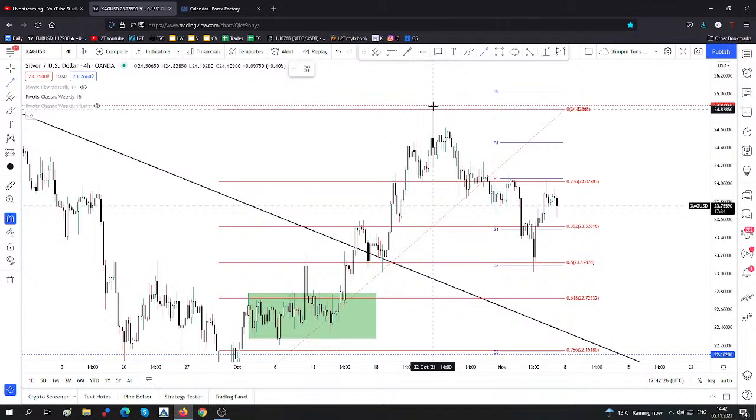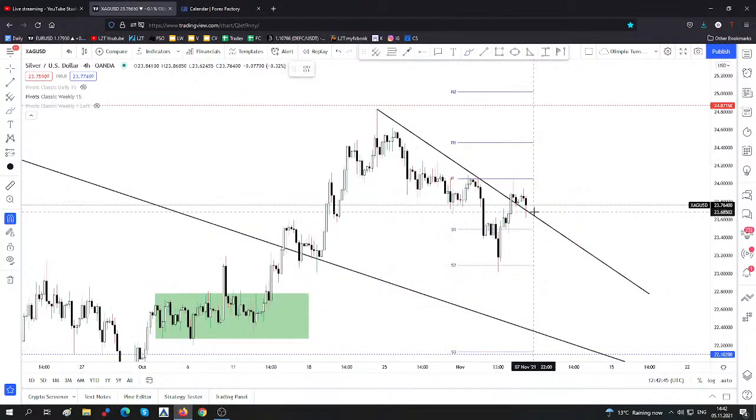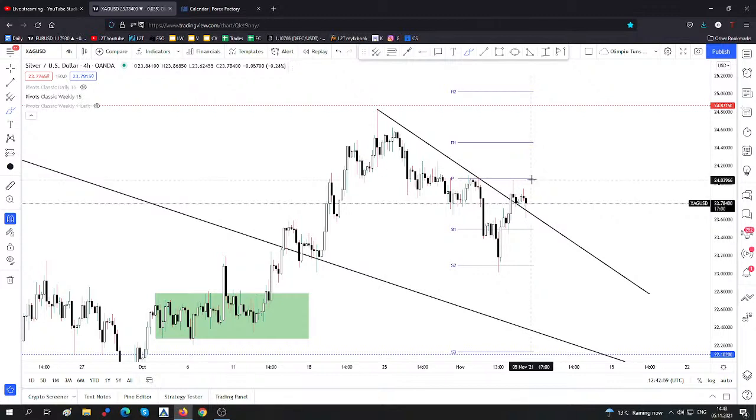It has jumped above, found support here around the 50% retracement level, and jumped above this immediate downtrend line, so that's why I want to see the price of silver stabilizing above the broken downtrend line, and also something like a pin bar, a false breakdown with great separation below the daily pivot point, maybe followed by a strong bullish candle and a new higher high, which could signal potential growth.